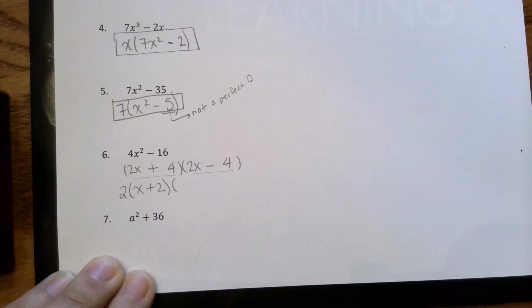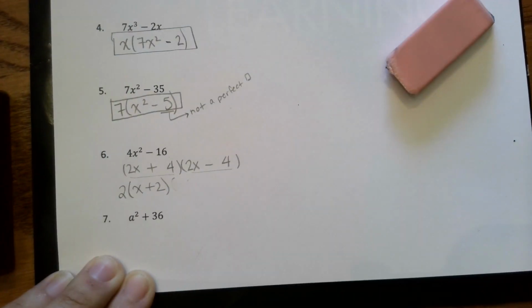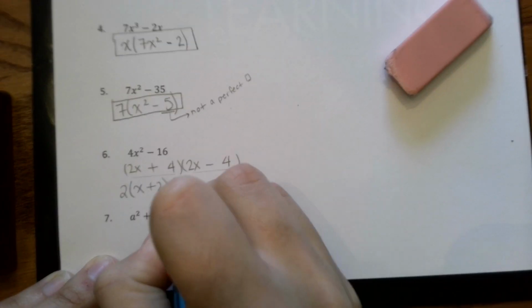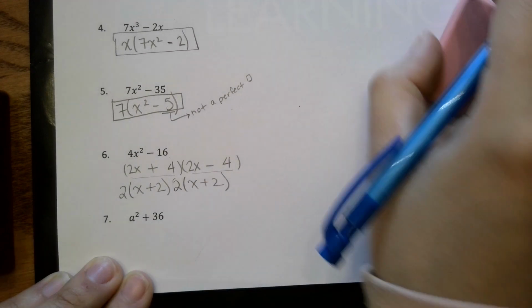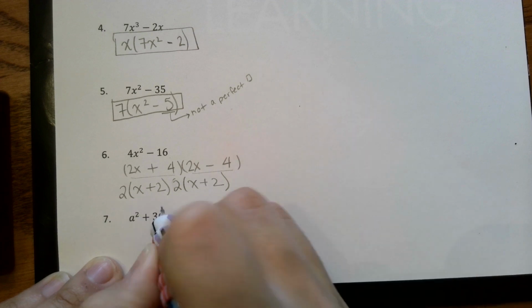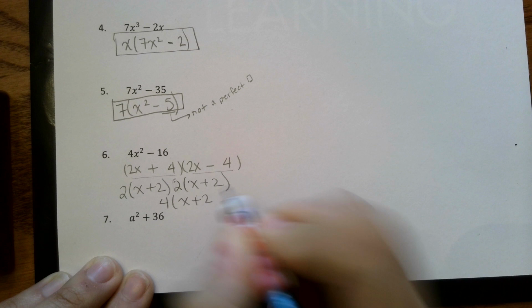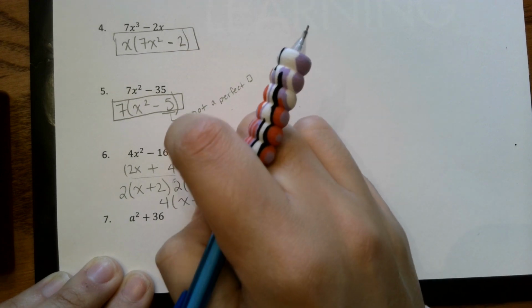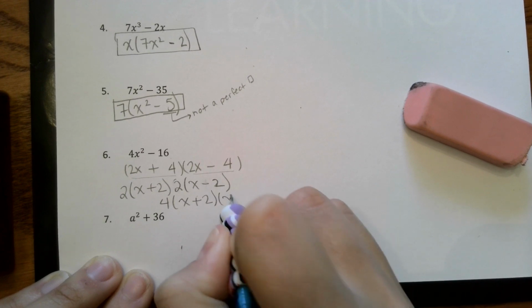This one also has a GCF of 2, so I could pull that out and be left with x plus 2. And then, if I multiply my GCFs, I get an overall GCF of 4 times the quantity of x plus 2 and x minus 2.